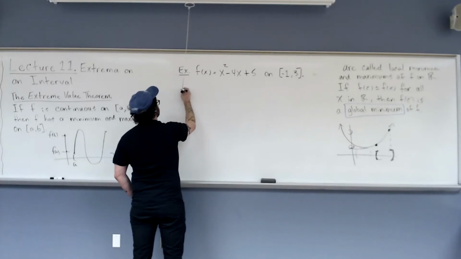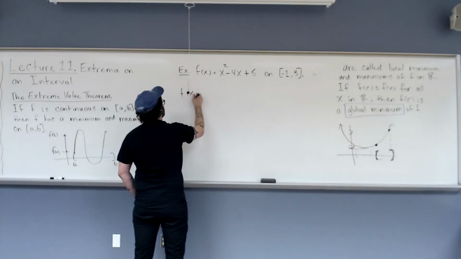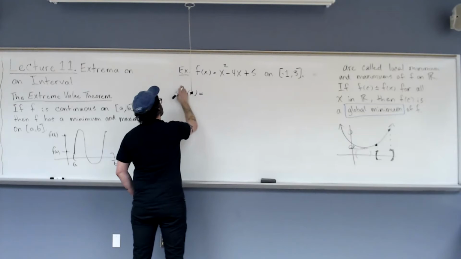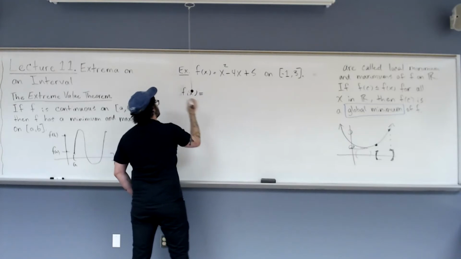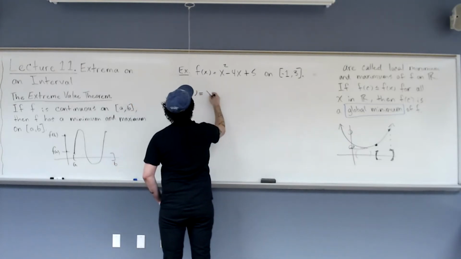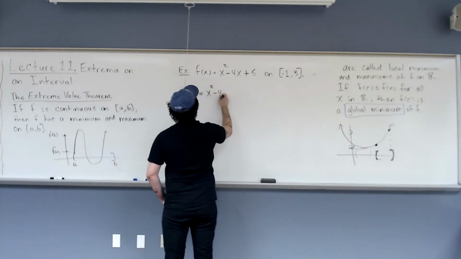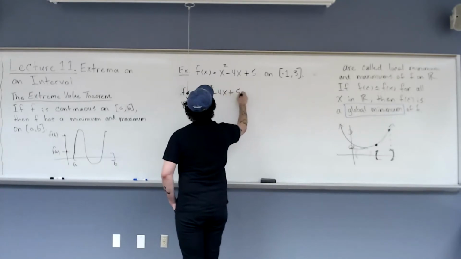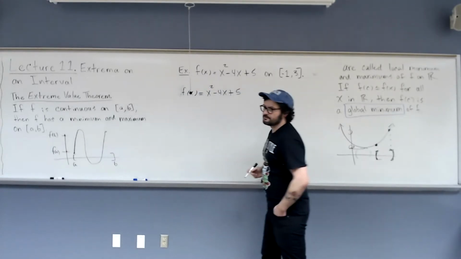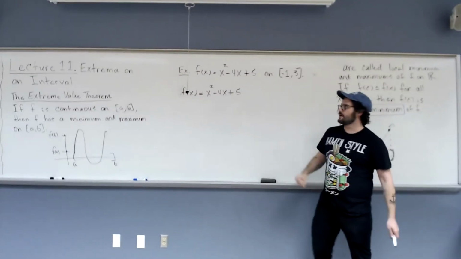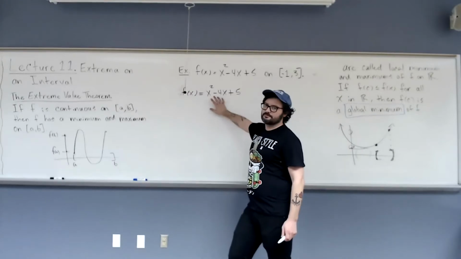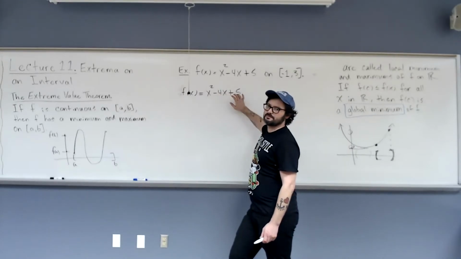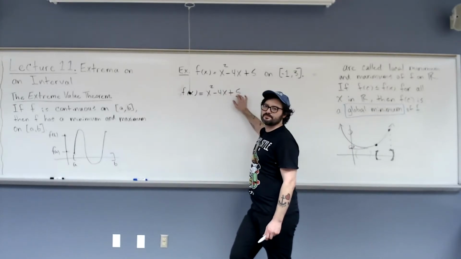So f of x is equal to x squared minus 4x plus 5. The way that completing the square works is you have x squared plus b times x plus c.